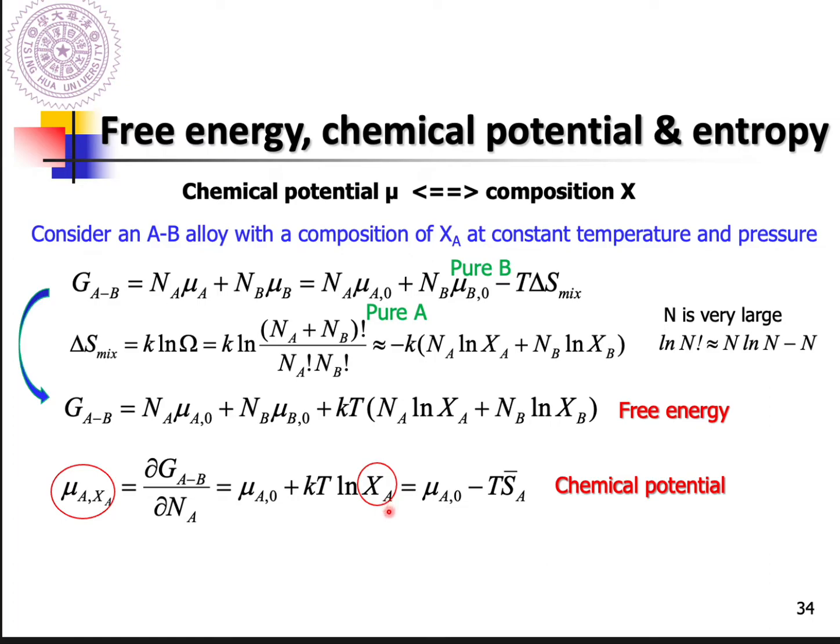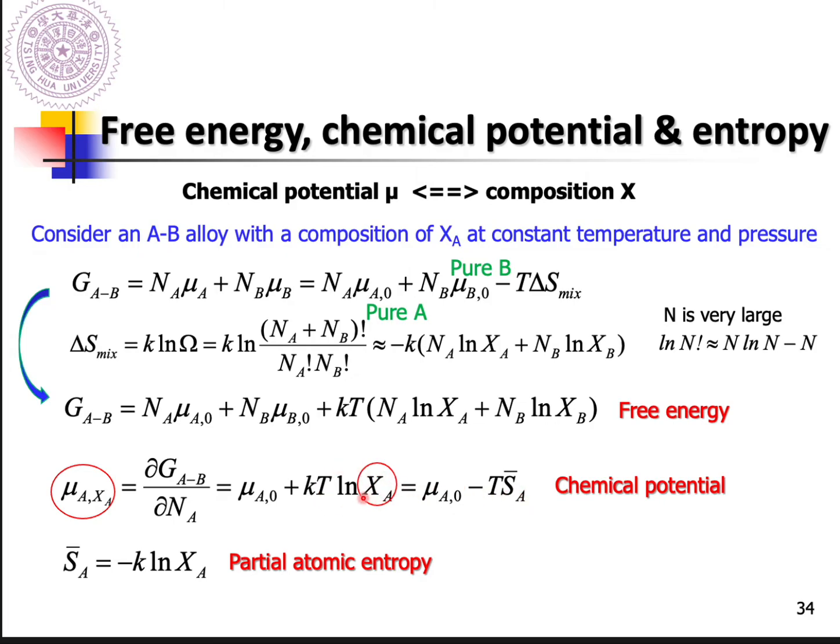right? And based on this, as you know, Xa is between 0 and 1, so log Xa is negative. So some people will rewrite it as minus T Sa bar. Sa here we call the partial atomic entropy.